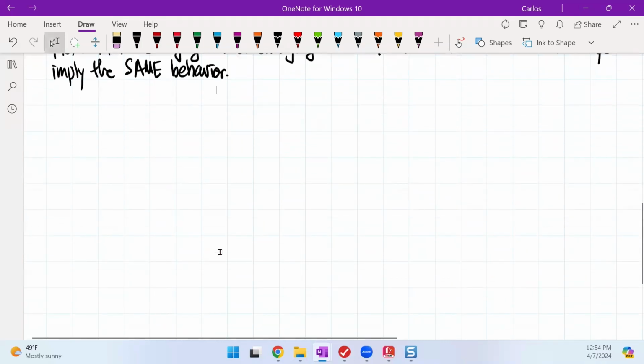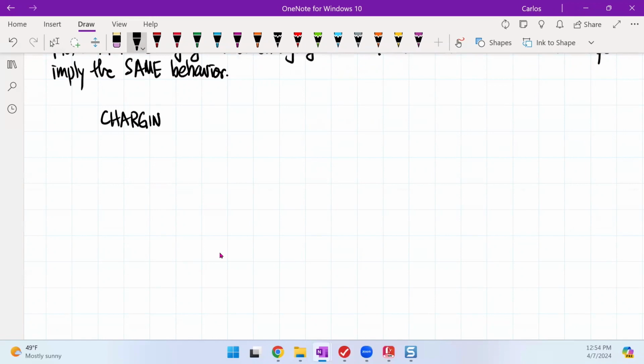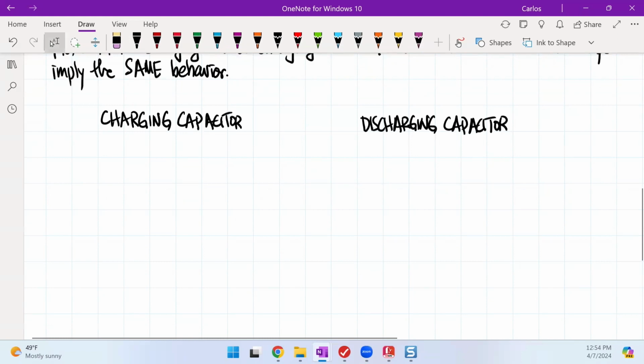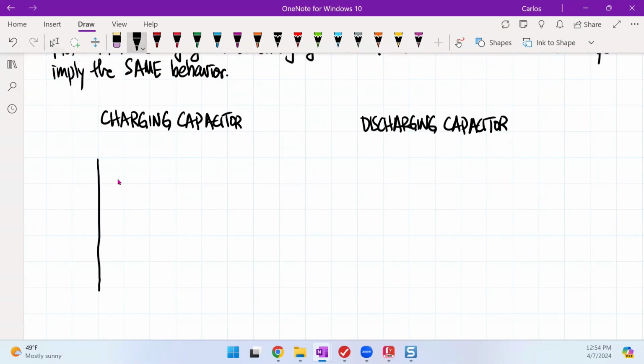So on the left side, let's talk about a charging capacitor. And on the right, I'm going to have a discharging capacitor. And the thing to really remember is about the slopes of these. So let's start drawing these. Let's assume that these are my curves.